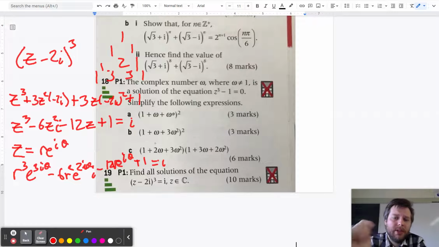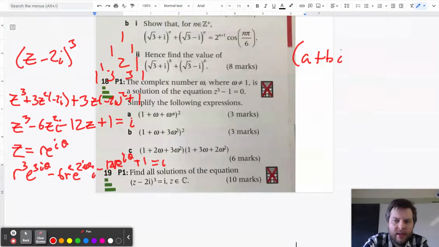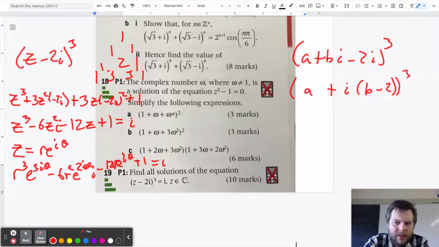Yeah, I mean, maybe you could write z in the initial problem as a plus bi minus 2i to the third and try to expand this out, which is like a plus i times b minus 2 to the third.